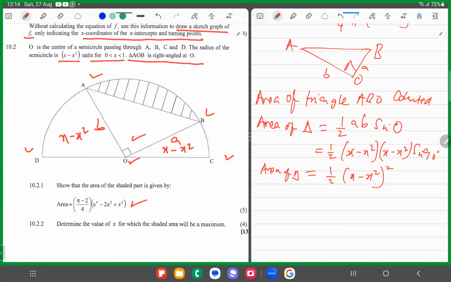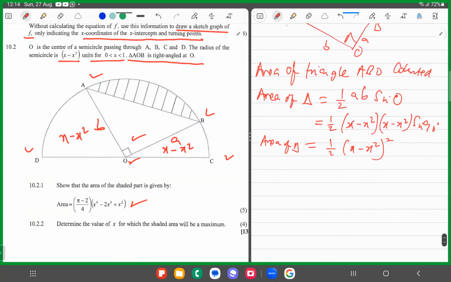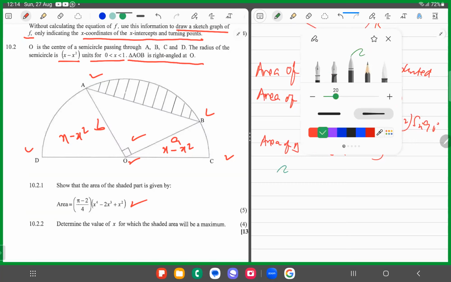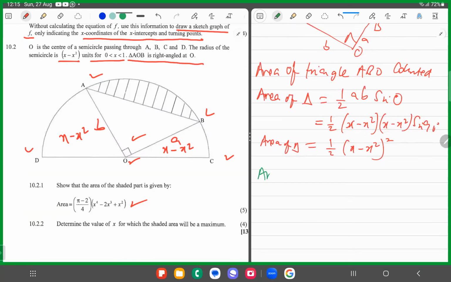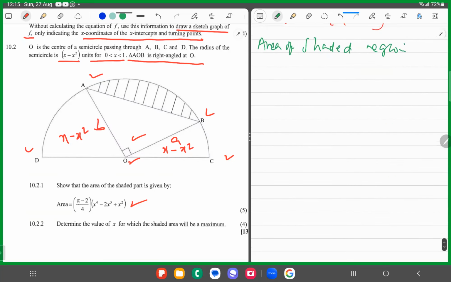Now the area of the shaded region. What is the area of the shaded region? It is the area of the segment, 1/4 pi times x minus x squared squared.